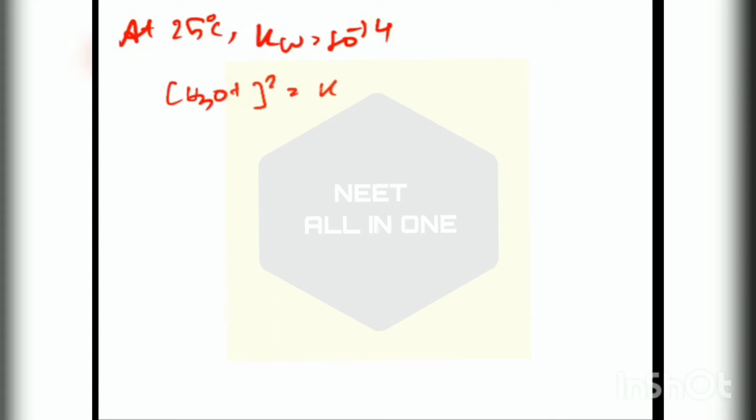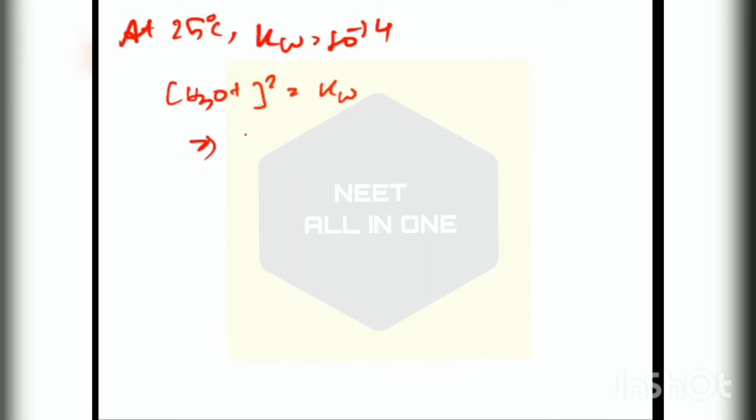Now at 25 degrees Celsius, this KW value comes as 10 to the power minus 14. If this KW value comes 10 to the power minus 14, we have already seen in the previous case that H3O⁺ square you can write is KW.